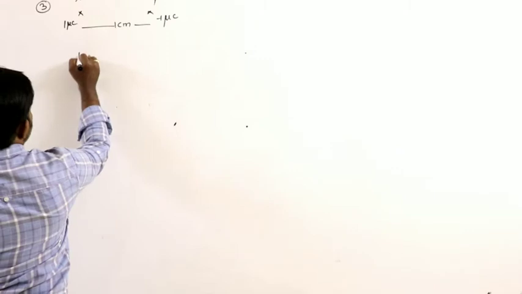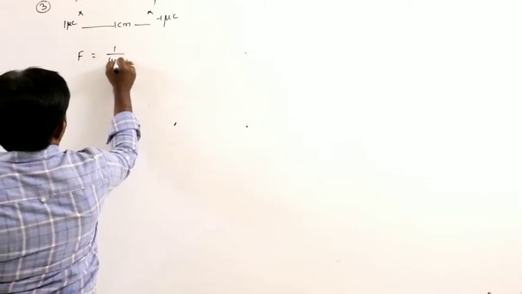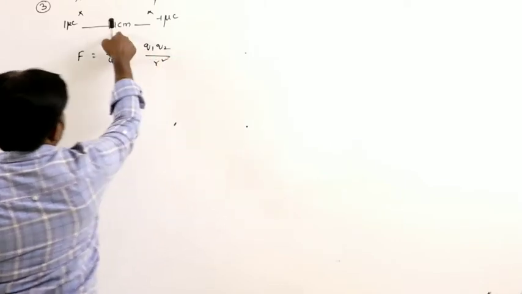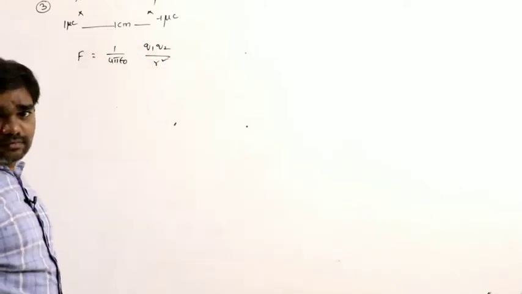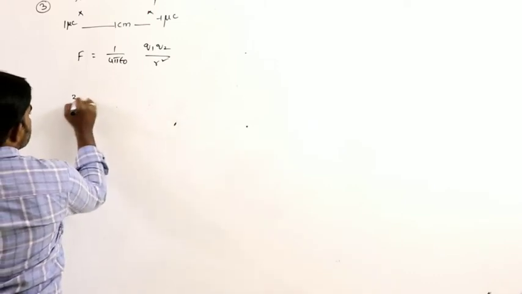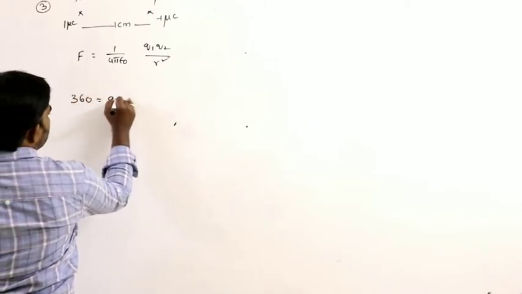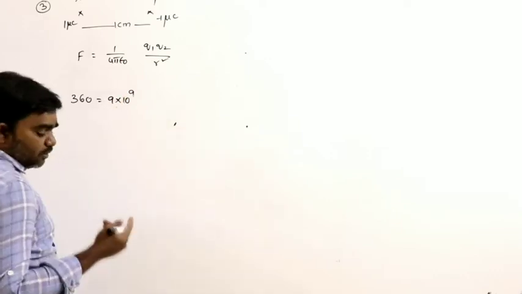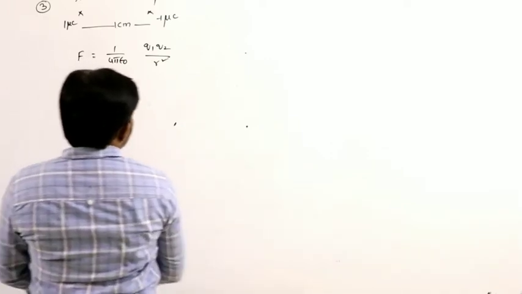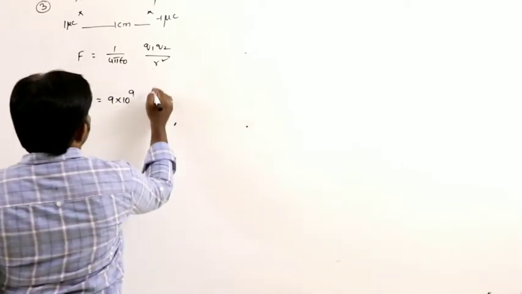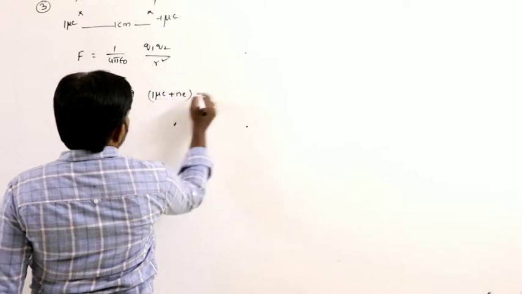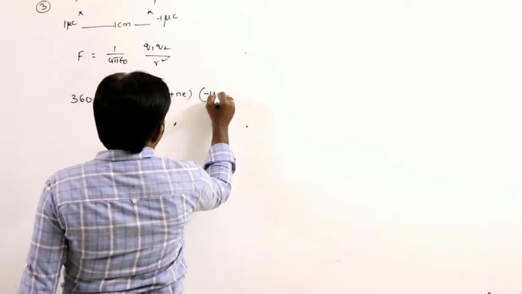First, the electrostatic force formula is 1 by 4 pi epsilon naught q1 q2 by r square. Here the distance is fixed. F is 360 newtons, already mentioned. 1 by 4 pi epsilon naught is 9 into 10 to the power of 9. Q1 is 1 microcoulomb, let us say plus Ne, and Q2 is minus 1 microcoulomb.